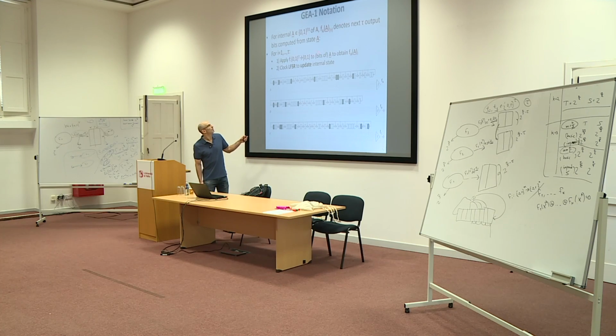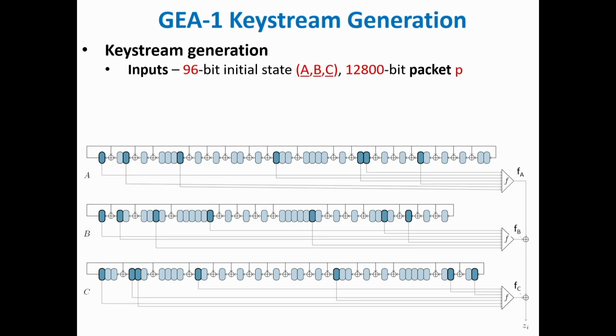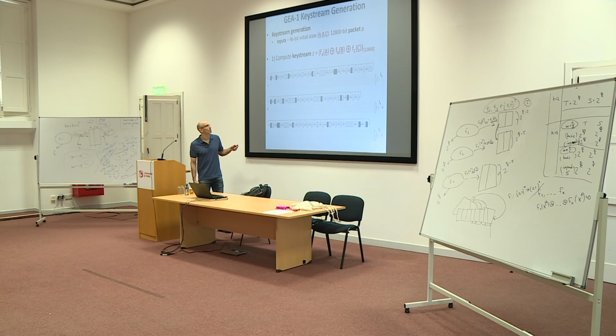So we define this notation, you produce tau output bits from this internal state. So how do you encrypt a packet? Now you have initialized your internal state, and you want to encrypt a packet of 12,800 bits. That's the plaintext. So you produce 12,800 bits of output, one by one.